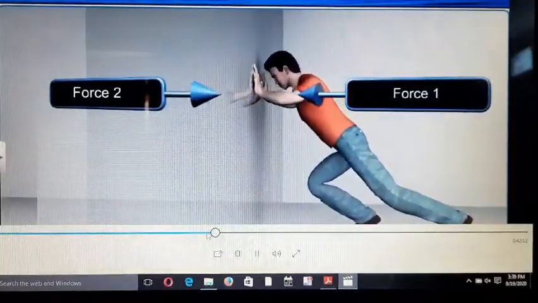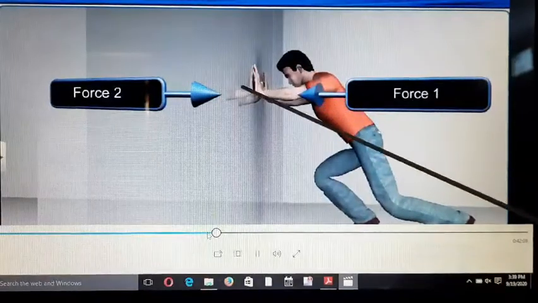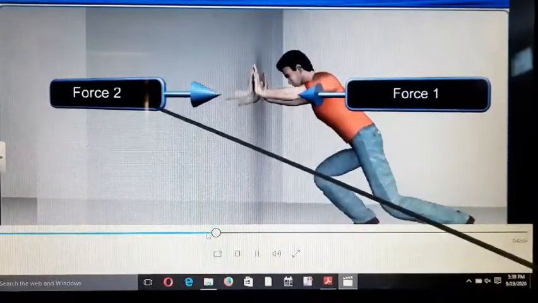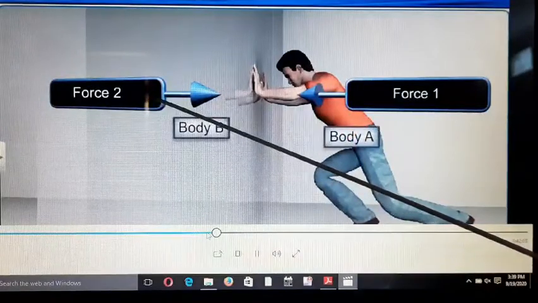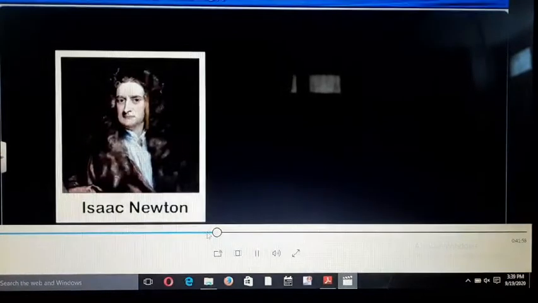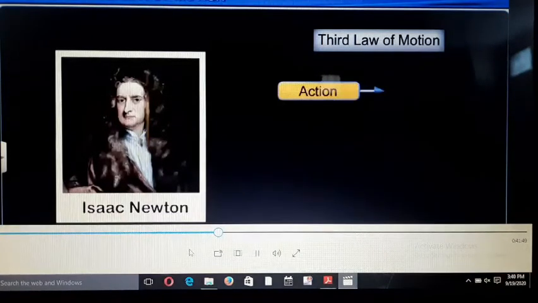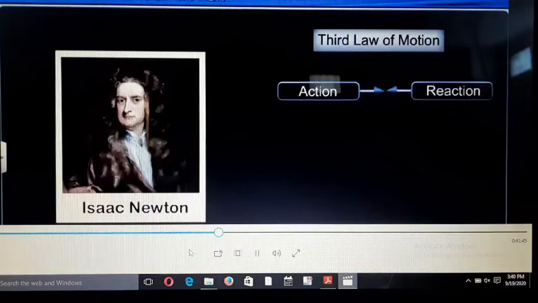Look here, this person applies force in the negative x direction, and the wall also applies the same force in the opposite direction. Both forces are equal and they are in opposite directions. It is called Newton's third law of motion, meaning action and reaction are both equal in magnitude and in opposite directions.